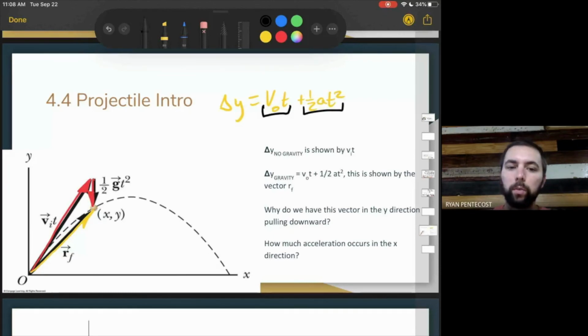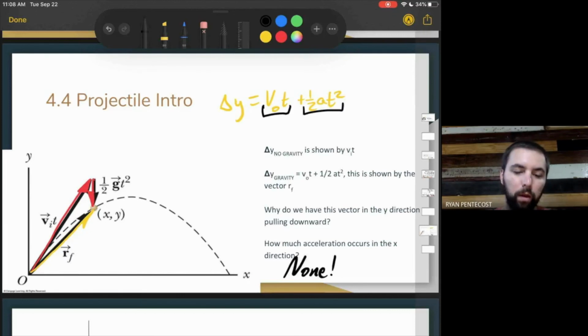For all of our projectile problems, we will have no acceleration in the x direction, because that would require air drag of some kind to start slowing down an object while in the air. So we will most likely not do any problems like that. And if we do, it's definitely going to be one of those challenge problems.